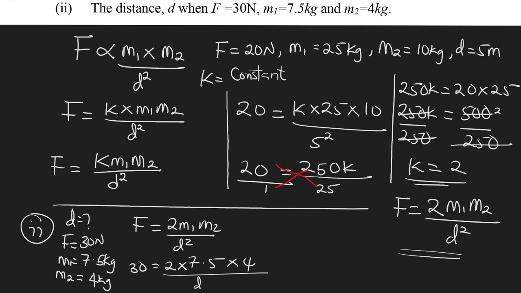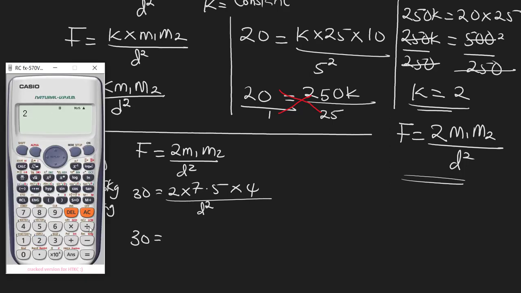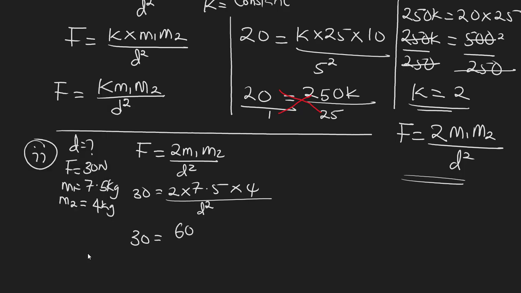So we have d square, right? So now if you multiply this, you're going to have 30 equals, let's multiply 2 times 7.5 times 4, which equals 60. So we're going to have 60 over d square.